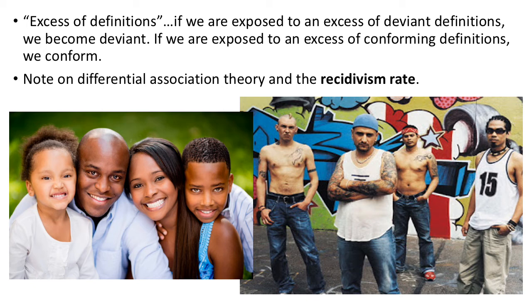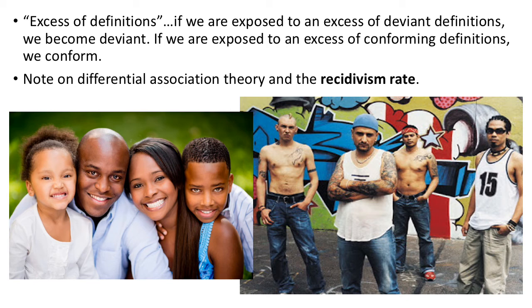The recidivism rate describes the rate of re-imprisonment. So people get arrested, they get convicted, they go to prison, they serve their time, they come out of prison, and then they commit another crime, and they get rearrested and sent back to prison again. That rate of re-imprisonment is what we call the recidivism rate.